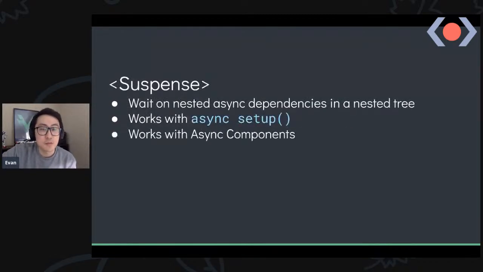And then there's Suspense. Suspense is also a new built-in element that you can use to wait on nested async dependencies in the child component tree. It doesn't matter how deep the async dependency is nested, you can wait on it inside Suspense, and what defines an async dependency is an async setup function.